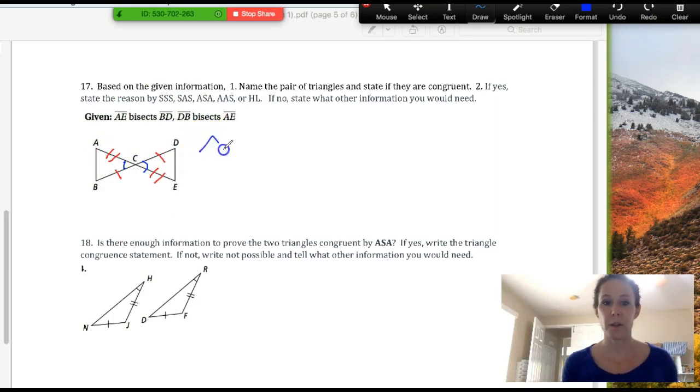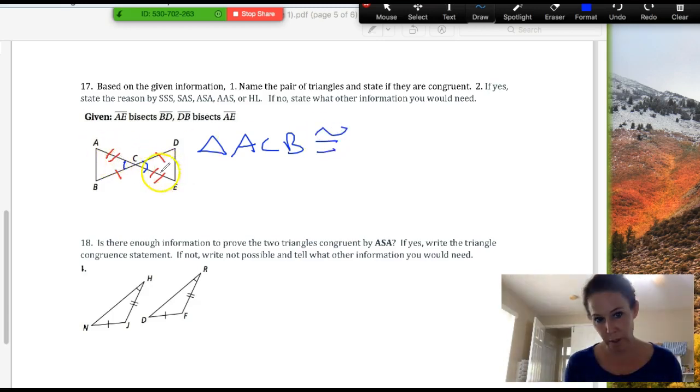So let's mark the congruent triangles. Triangle ACE, make sure you name it in the correct order. I said ACE and I meant ACB, is congruent. Since we named the double side first, we come over here and name the double marking side. ECD.